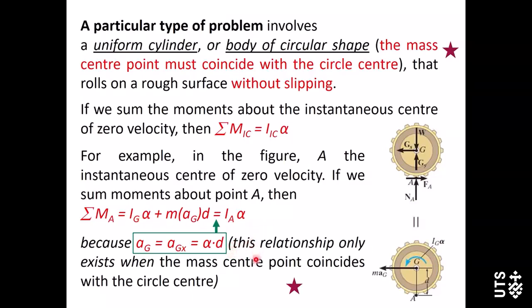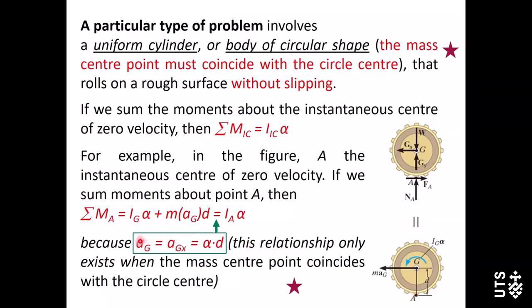Okay, because this is the rolling without slipping problem, if you still remember the conclusion we worked out in week 5, at this point G, AG must be horizontal. So this means AG is actually equal to AGX. And this AG can be expressed using alpha, the angular acceleration, times D, the distance from G to A. This is actually the radius of this rigid body.